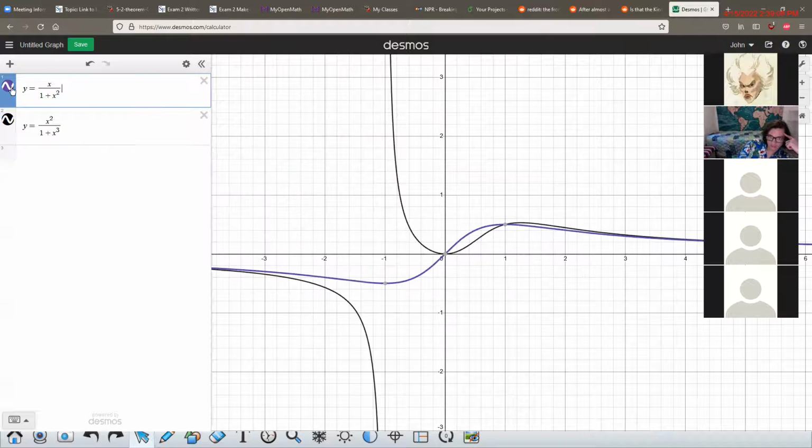So let me try to sketch the black curve first. Rather than doing it in black, I'm going to do this in blue. We do have a vertical asymptote there at -1. That makes sense, because that denominator is equal to 0 when x is -1. Looks like we have a max somewhere just to the right of +1.